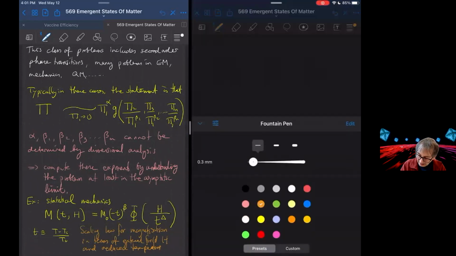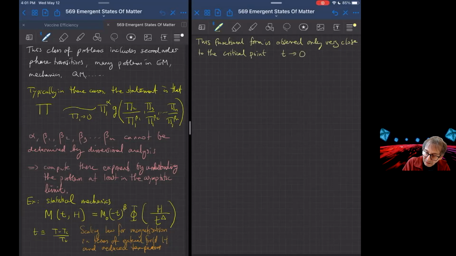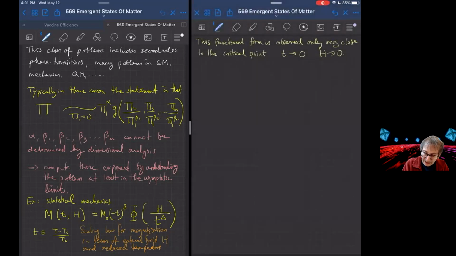So the point is that this functional form is observed only very close to the critical point. So this is true asymptotically as T goes to 0 and H goes to 0. And so now you can see that there's some kind of connection between statistical mechanics and the theory of asymptotic analysis.